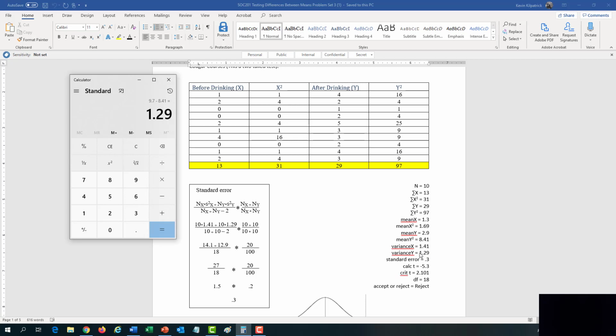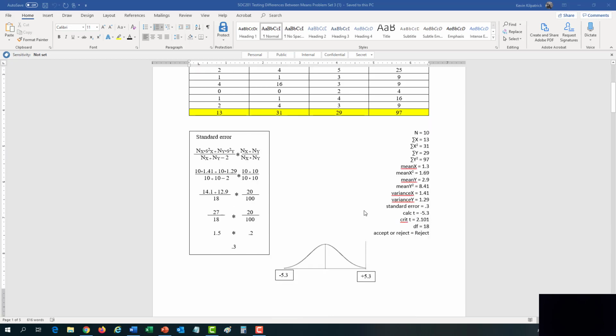Okay? Then after that, you have to do that horrible section of the problem where you have to find the standard error. And I did put that over here. Okay? Remember the standard error formula. Looks huge, but remember that it's just a whole bunch of n's. And the n in this problem is 10.